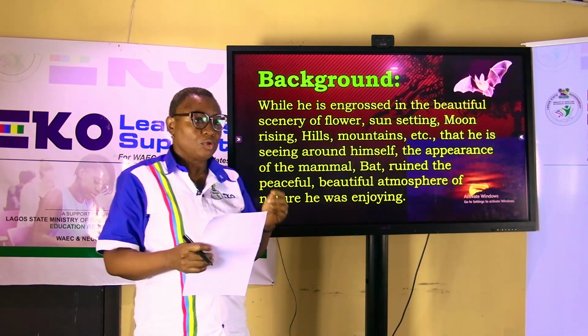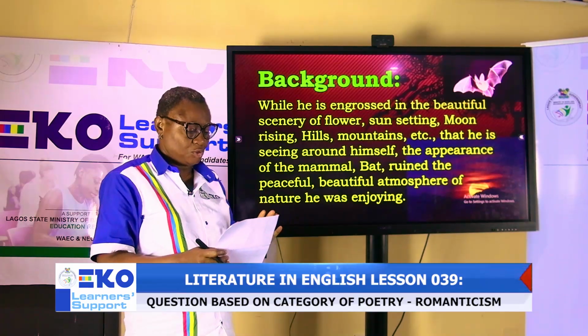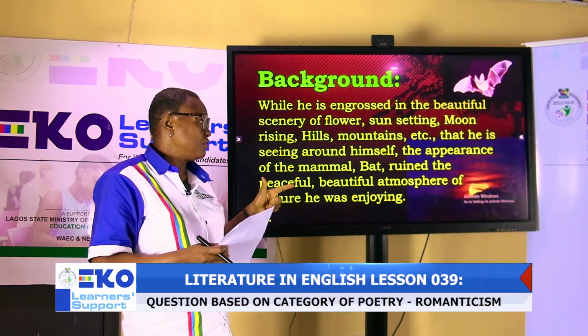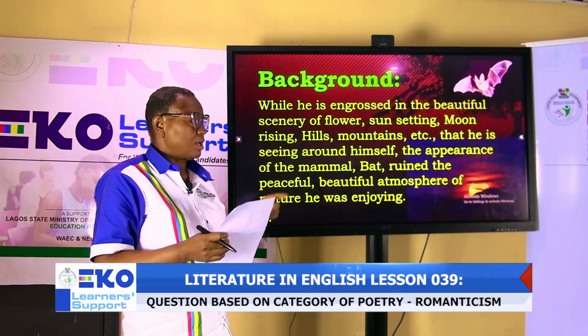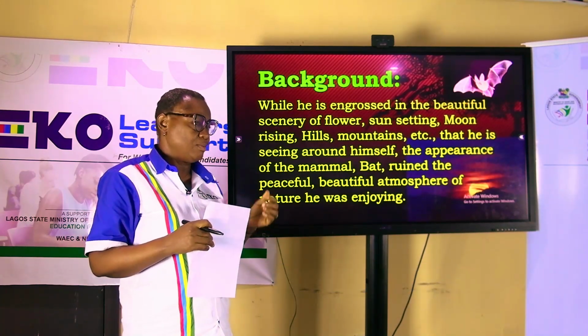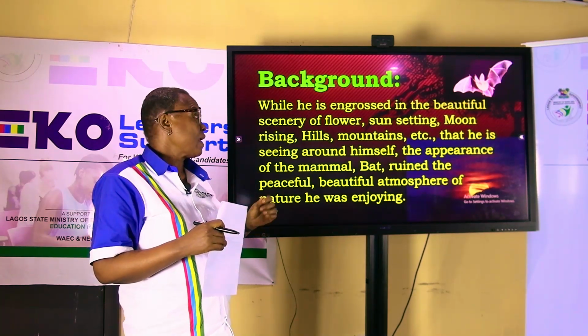So in this poem, we have two elements of nature being displayed. We have the bird, swallow, which is the favorite of the poet persona. And we have the mammal, bat. Bat is a mammal because it has vertebrates.